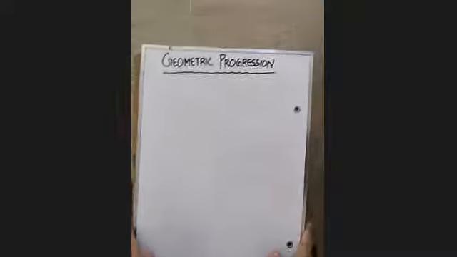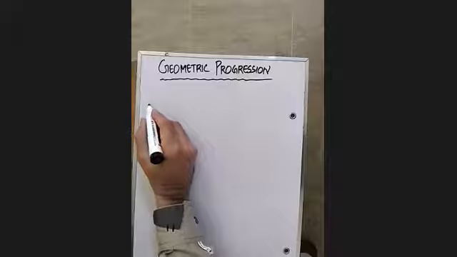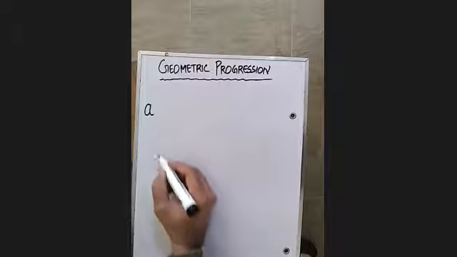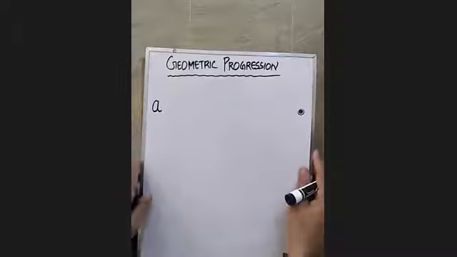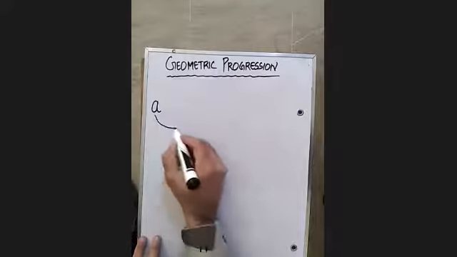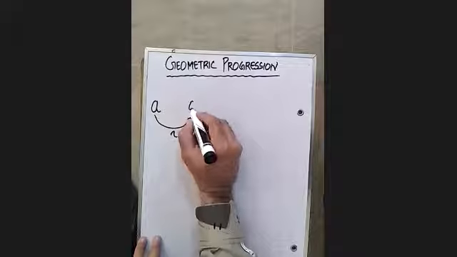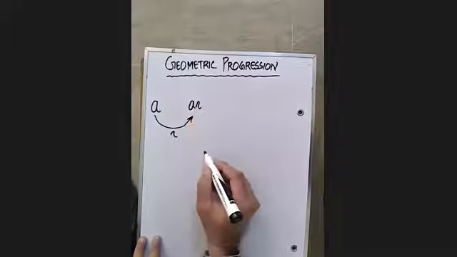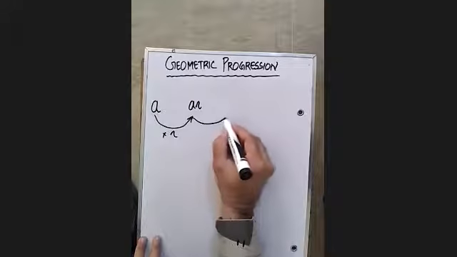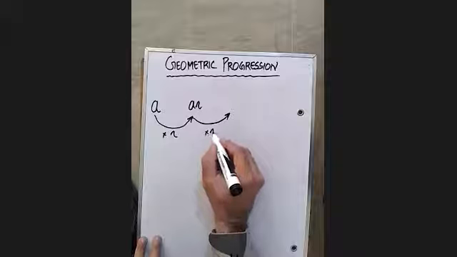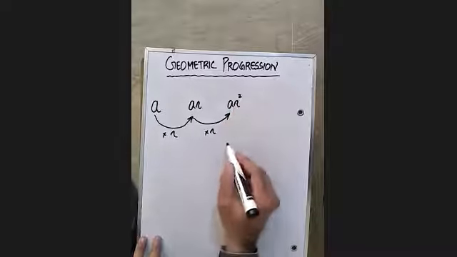Suppose we have a first term, we start the geometric progression with a, and we multiply by a number which is a common ratio r. So the second term will be ar. Again we multiply by r and we will get ar square.